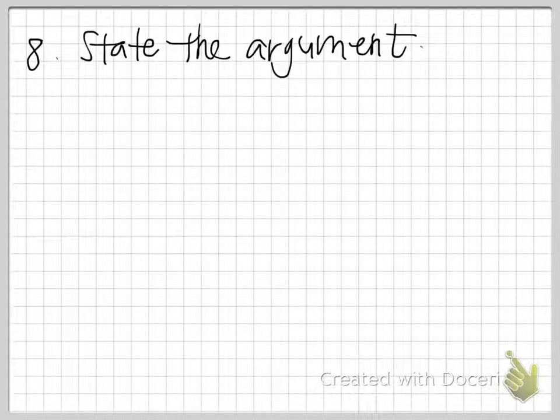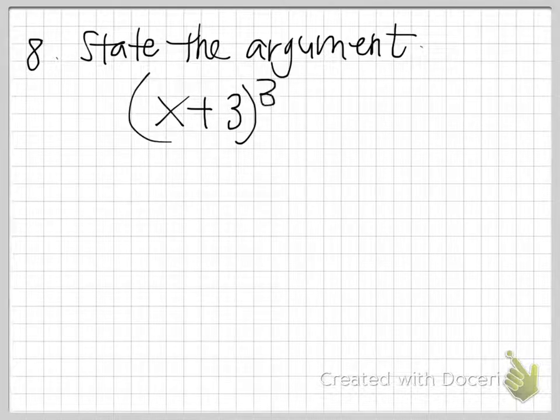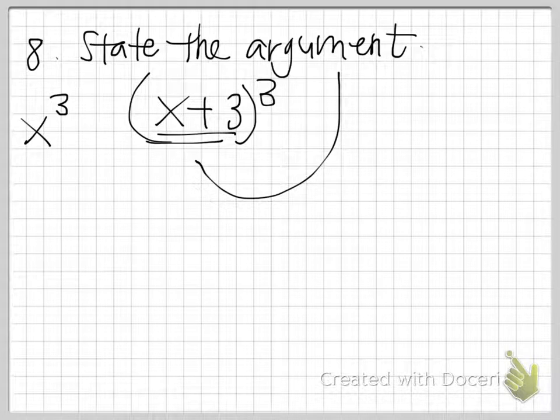If you're lost, go back to the last video that I made, notes for your flip book. The argument is what the function is doing. Here, the function is cubing something. What is it cubing? It's not just cubing x, it's cubing x plus 3. So the argument, my friends, you should have just said the answer was x plus 3.